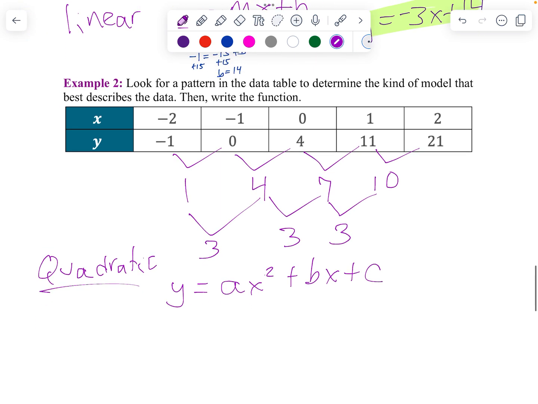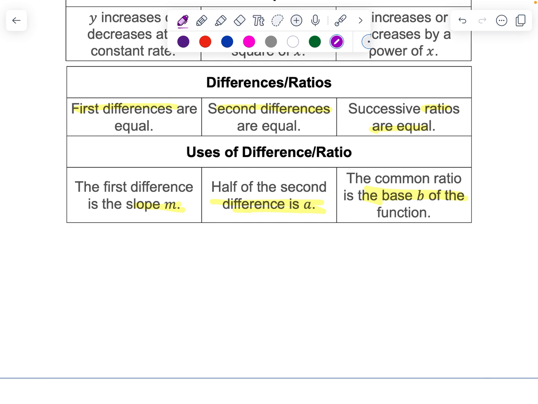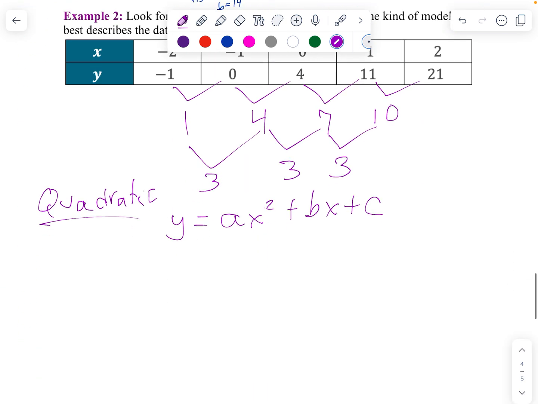Now, first thing we notice, or hopefully we notice, from our table, half of my second differences is a. In other words, I know a. a is 1.5, because it's half of 3, 3 divided by 2.